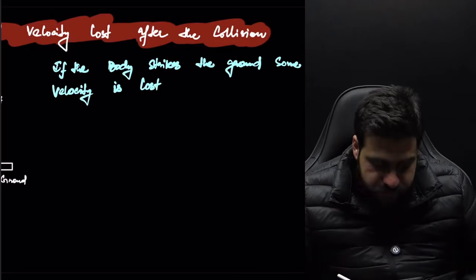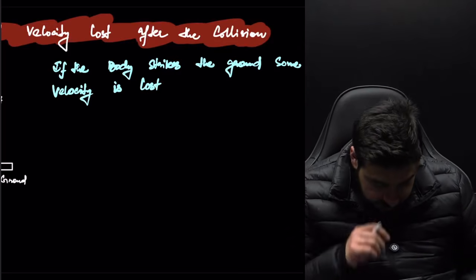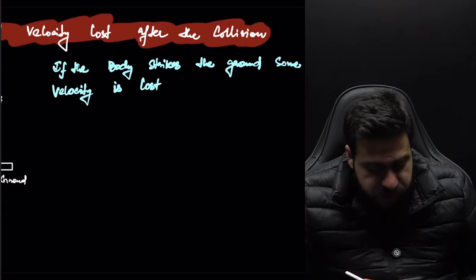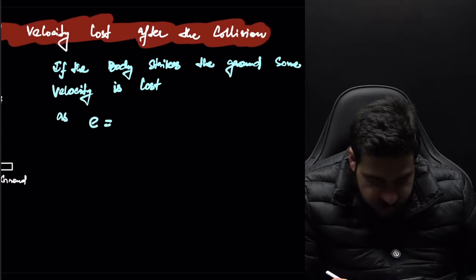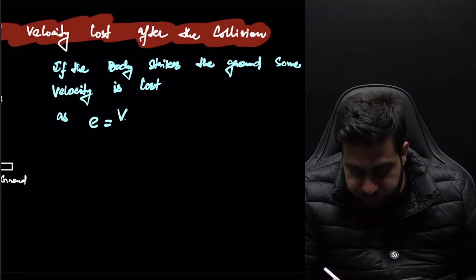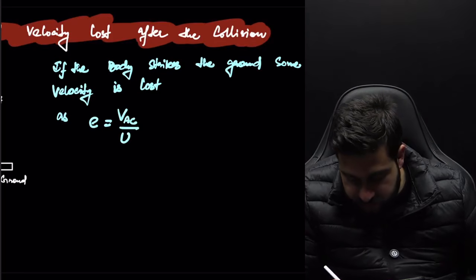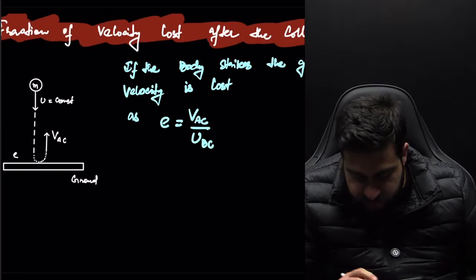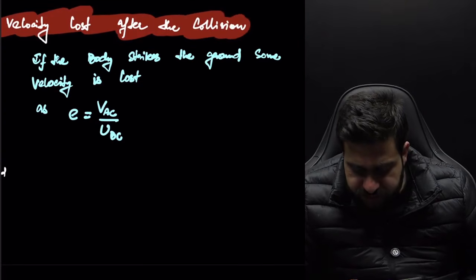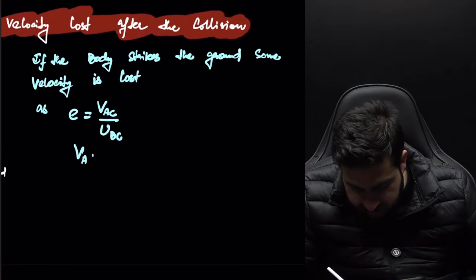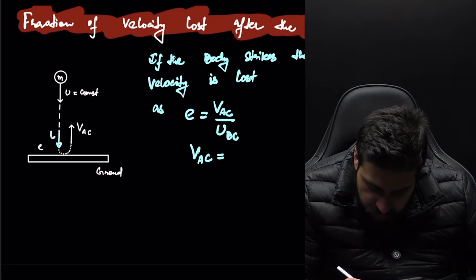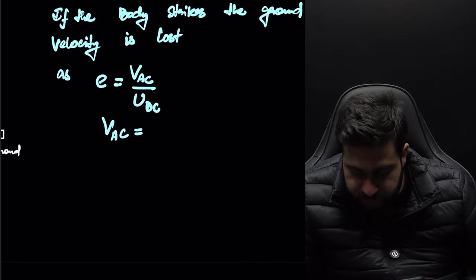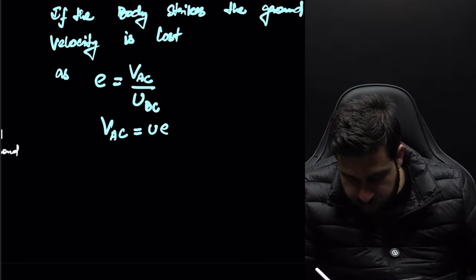Now, my dear NEET aspirants, the coefficient of restitution is the velocity of separation, that is, velocity after the collision over velocity before the collision. This we have studied. So velocity after the collision is equal to e times the velocity before the collision. Here the velocity before the collision is u because u is constant. So that is u into e.